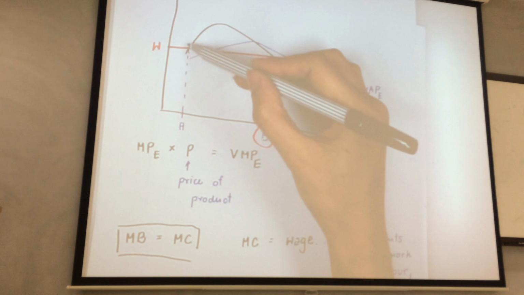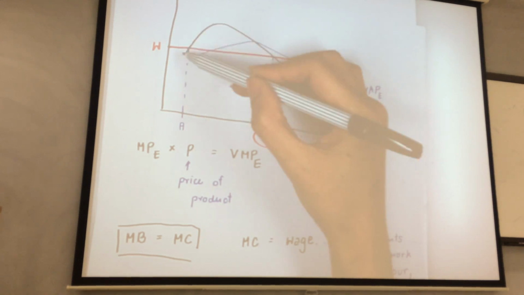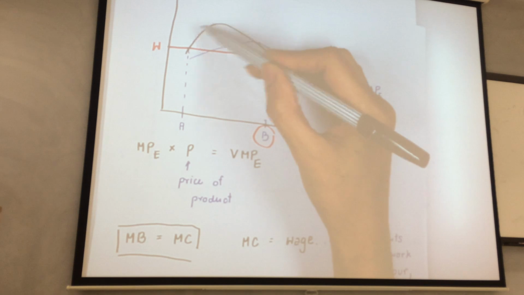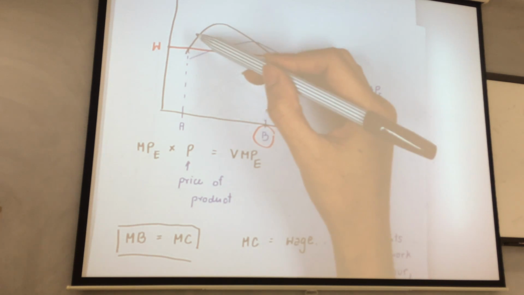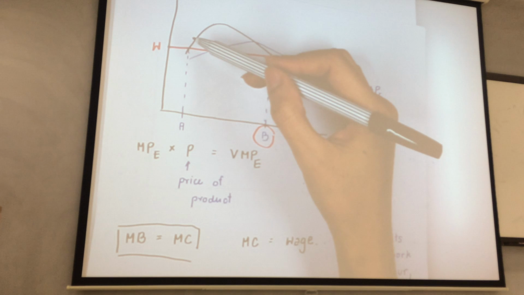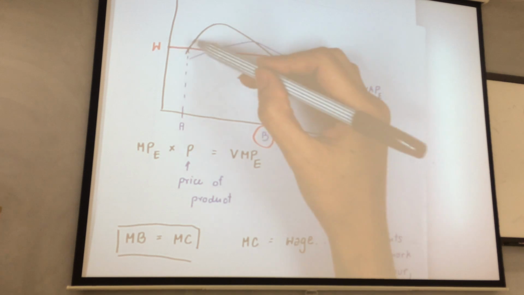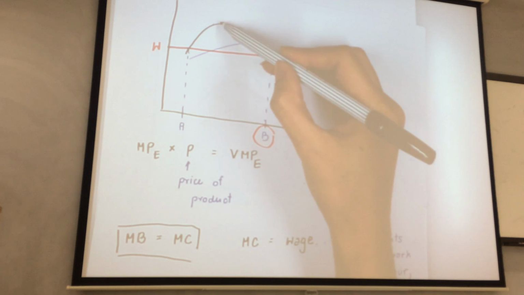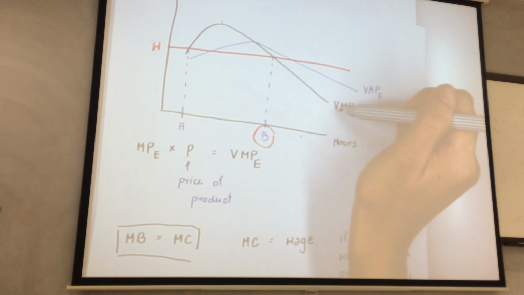You will never pick anything over here, because at any given point over here, if you produce a bit more, you could benefit more than the cost. So why stop right here? You can actually do better. So you will never do the upward sloping portion of the marginal product part.